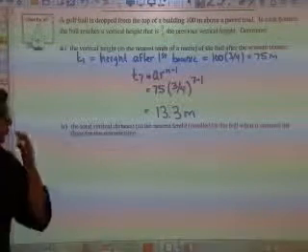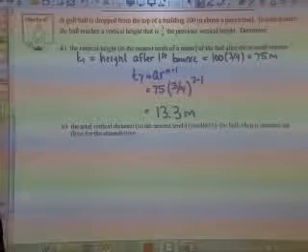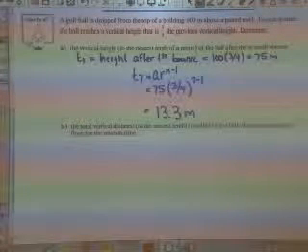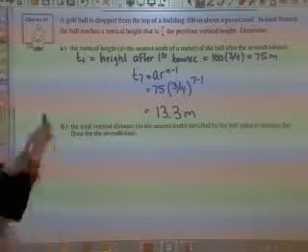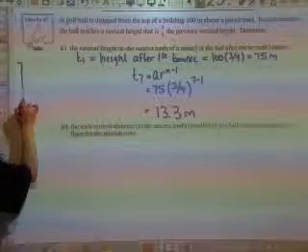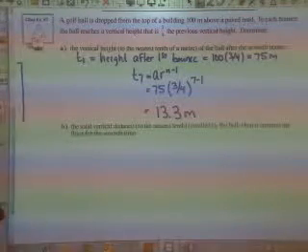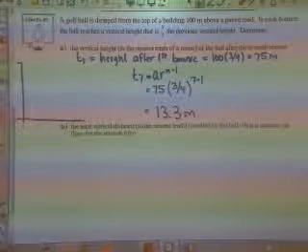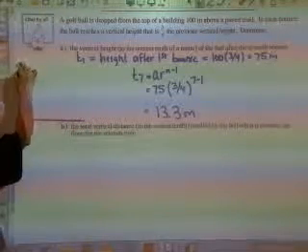Okay. B says calculate the total vertical distance traveled by the ball when it contacts the floor for the 7th time. So it might be useful to sketch what this is going to look like. And I'm going to sketch it up here because I have room. There's my building. And there's the ground. So the ball gets dropped off the building.